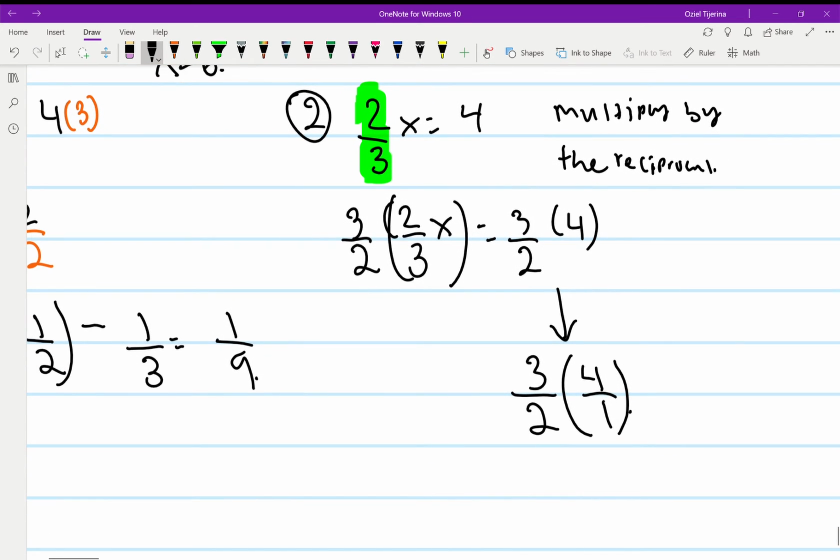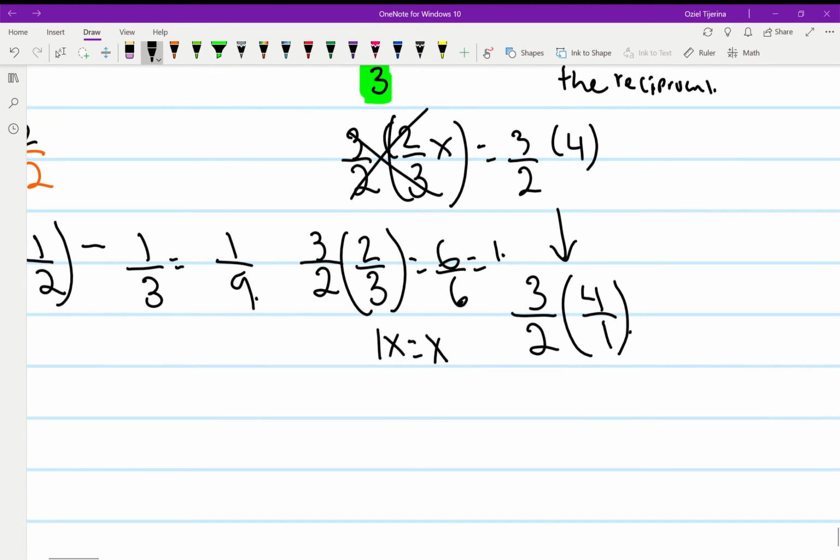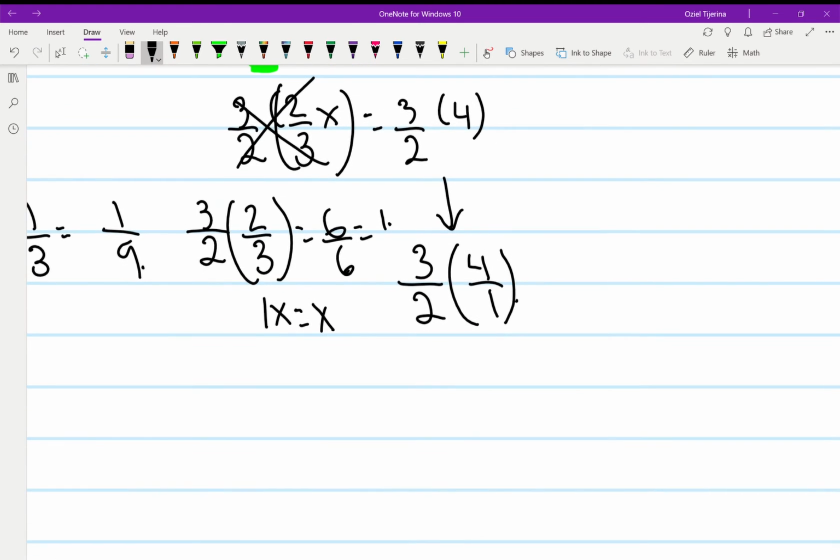Then this cancels out, because 3/2 times 2/3, if you multiply that out, you get 6 over 6, which is 1. So we have 1x, which is equal to x. Then x equals 12 over 2, which is equal to 6. So we have x equals 6 for this part.